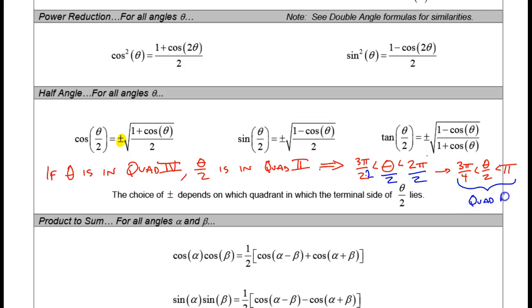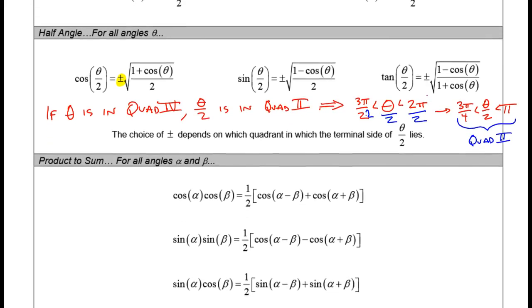So that's the thought process I go through when thinking about which quadrant the terminal side of theta over 2 is in: I picture what quadrant theta is in, and then I divide that quadrant in half to see where the result lies. You can do the same thing for quadrant 3, quadrant 2, and quadrant 1 to figure out where those results lie.